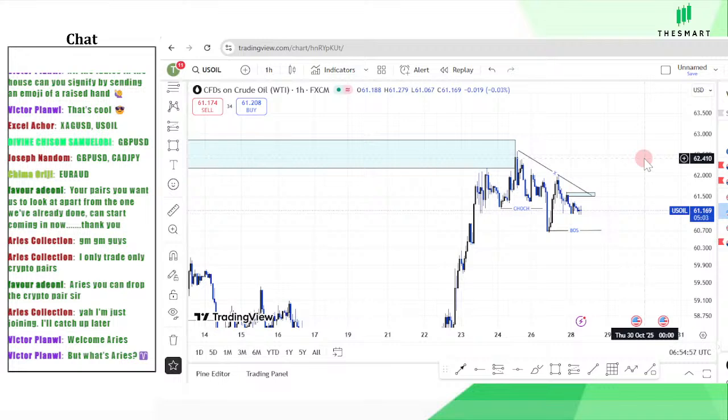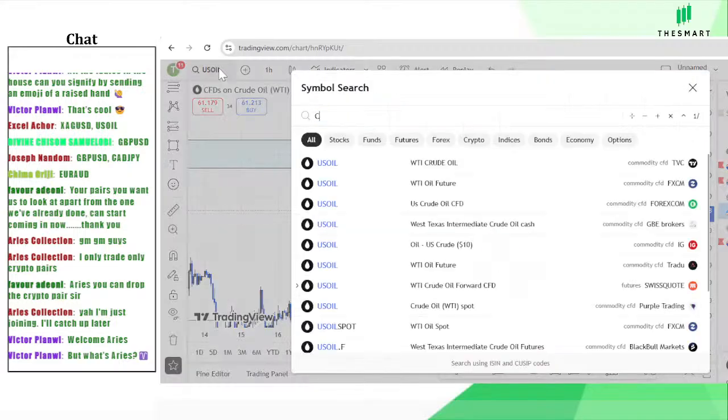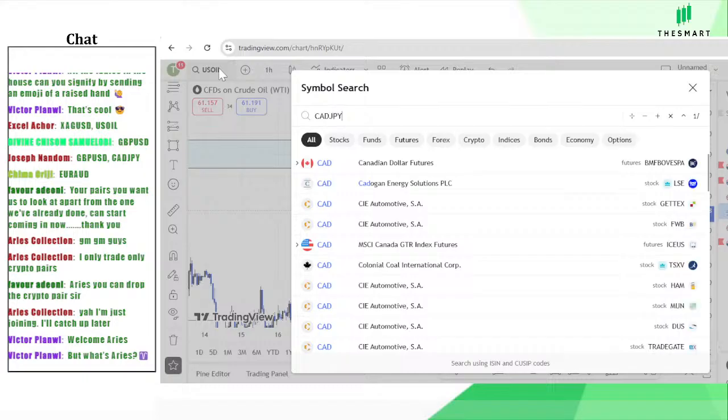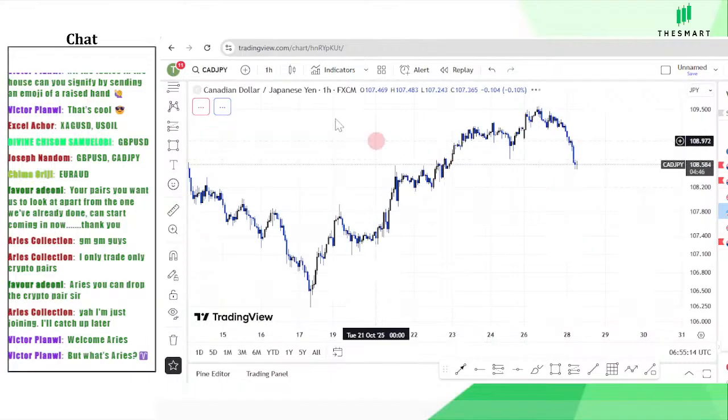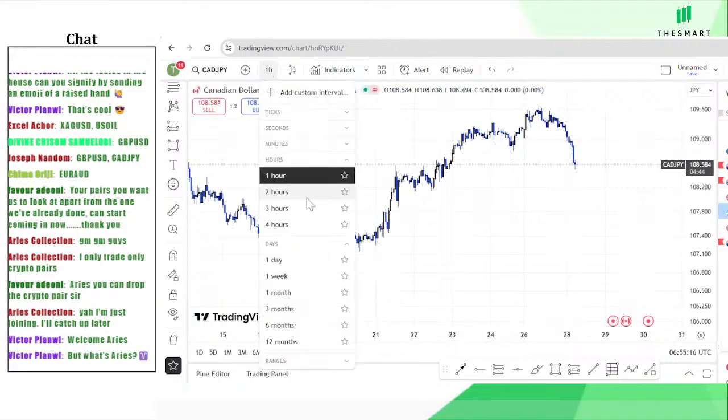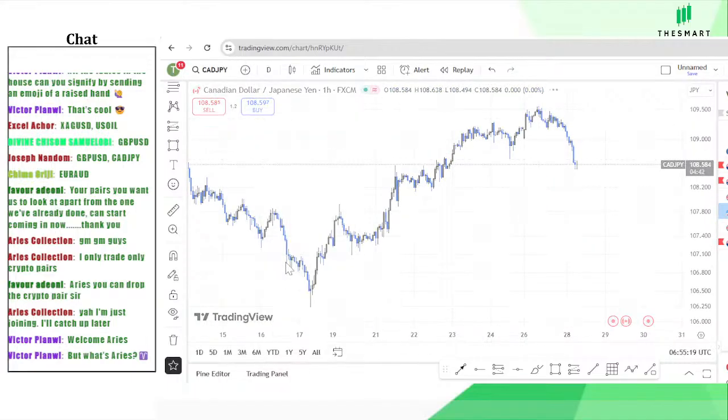silver and US oil. We have GBP USD, then we have CAD USD, CAD JPY. I want us to look at CAD JPY first. Maybe from the daily. We're going to GU.